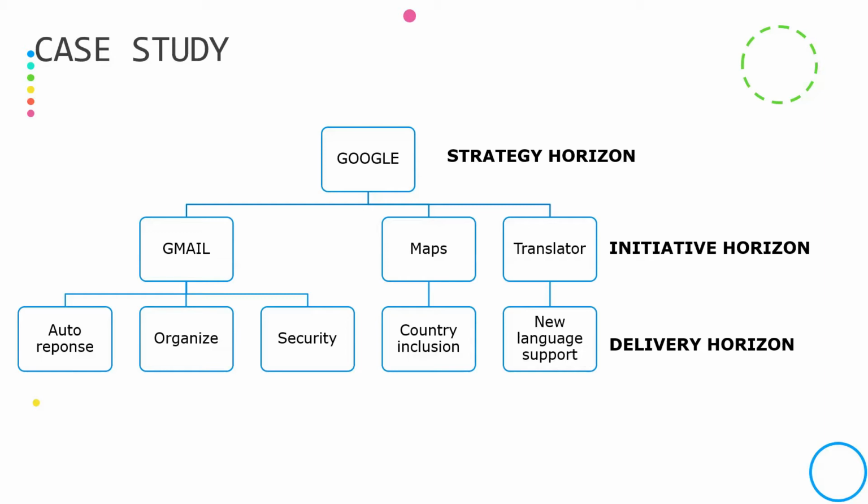And now comes the delivery horizon that takes care of the actual implementation. And when we talk about the actual implementation, it's the team that comprises of the business analyst, the tester, the developer, and the other SMEs if they are needed at the time of implementation.